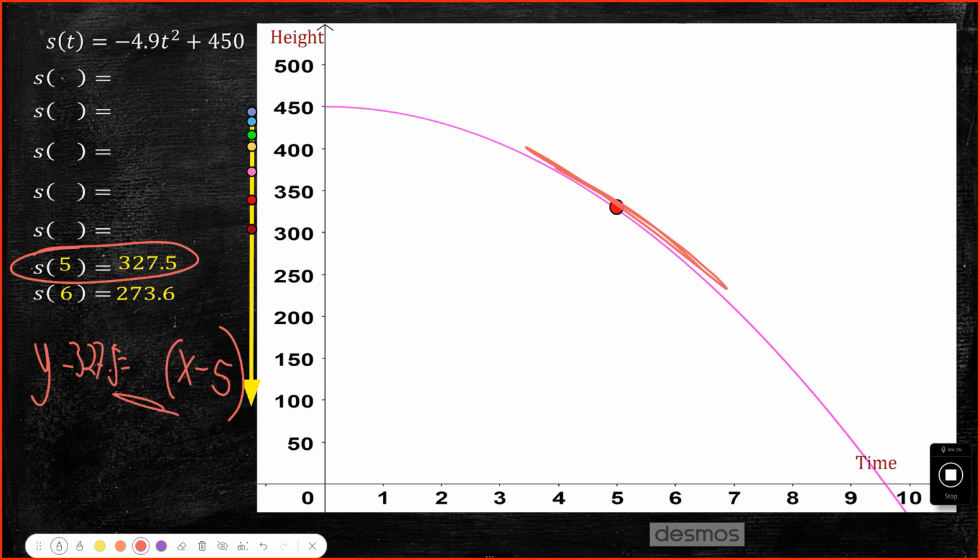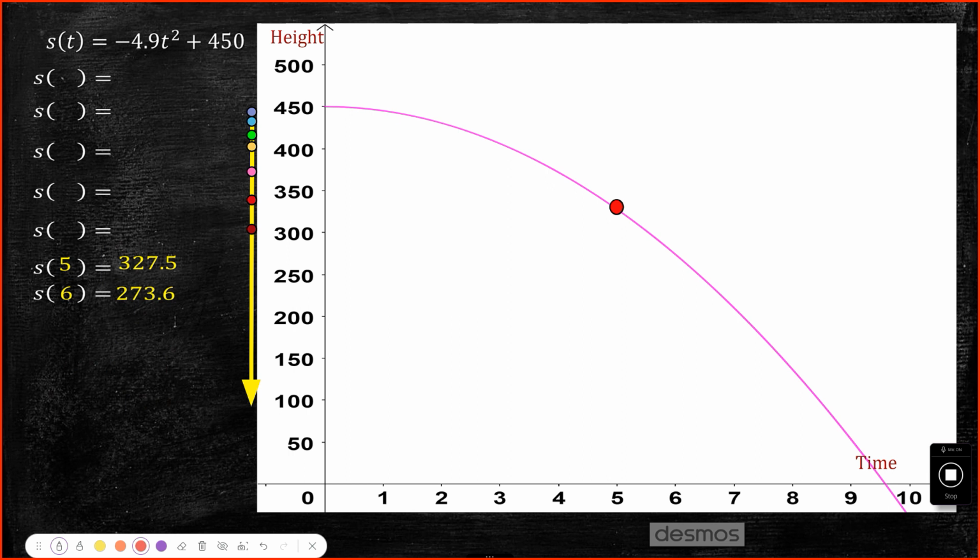What we don't have is the slope. That's the problem, the slope. So that's what we're going to do right now. Find the slope. We're going to get closer and closer and closer until we get the slope. All right, let's start doing it then. We got everything else except the slope.